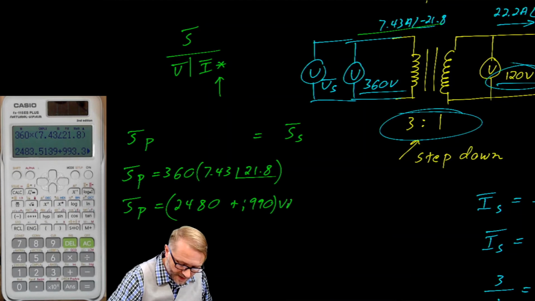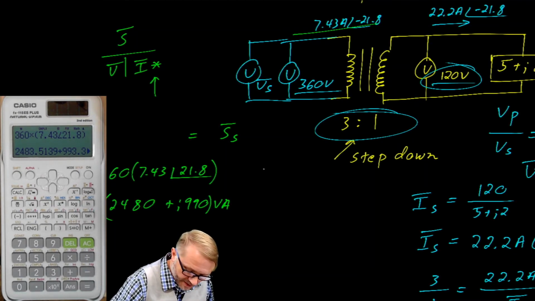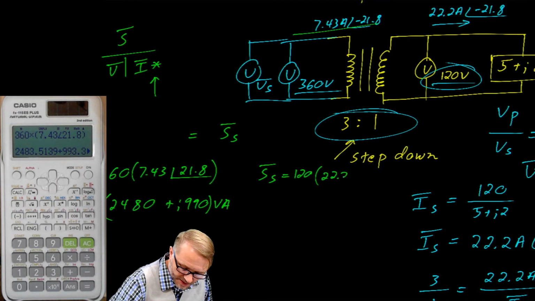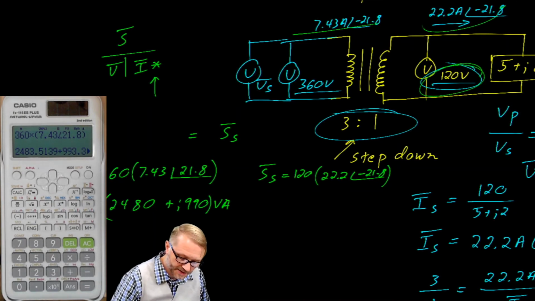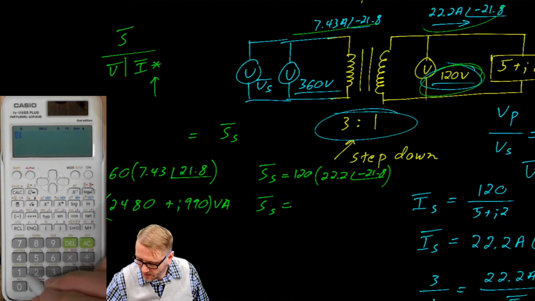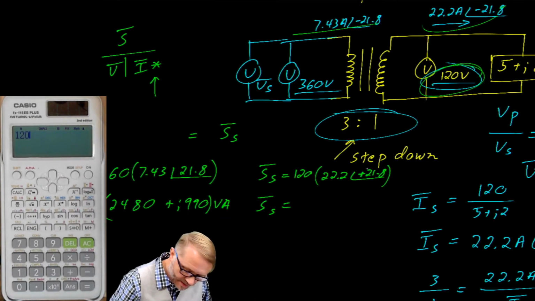Again, that's volt amps. And in the secondary, we could say complex power in the secondary is equal to 120 multiplied by 22.2 at a phase angle of negative 21.8. Right? That voltage, that current. That's supposed to be a positive.